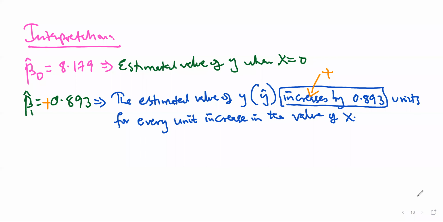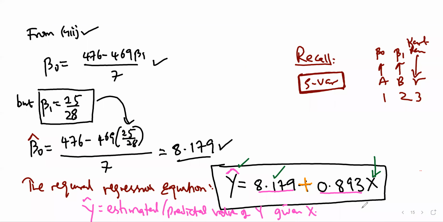So for example, if your x is 0, then what is y hat? If you plug in 0 into this equation, your y hat will be 8.179.